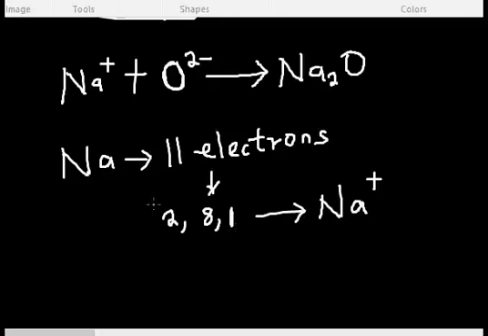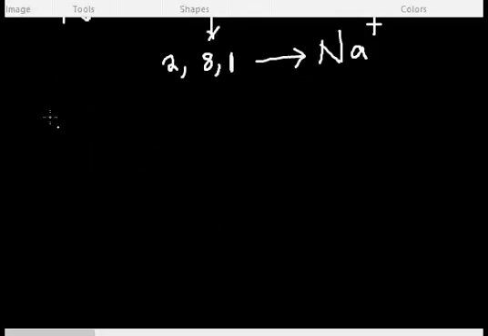So please take note of that. I would probably love to write another one. So let's look at magnesium. Magnesium has 12 electrons.